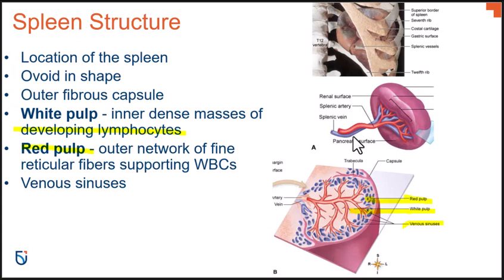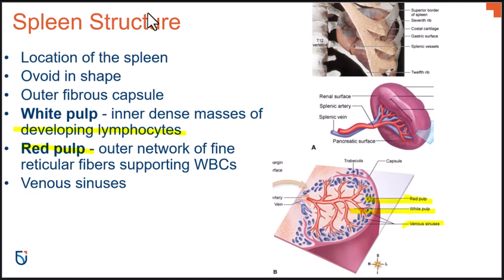And so what will happen is when blood enters into the spleen, it will pass through that reticular meshwork of the red pulp, where the white pulp is going to help clean out the blood and fight off any infections or any infectious microorganisms, and then the blood will end up in these venous sinuses where it will then return to the heart through veins.